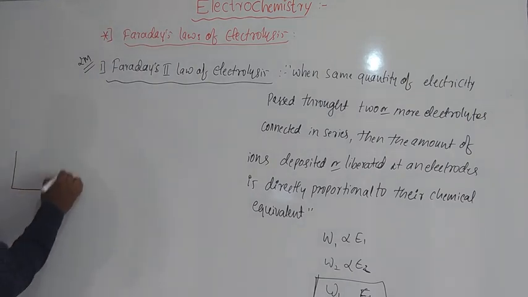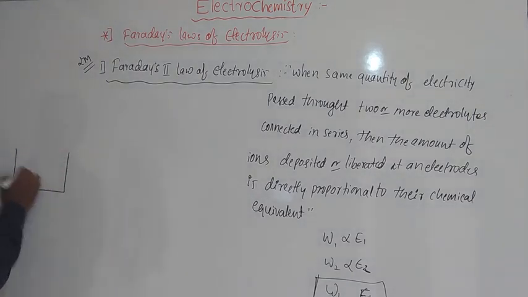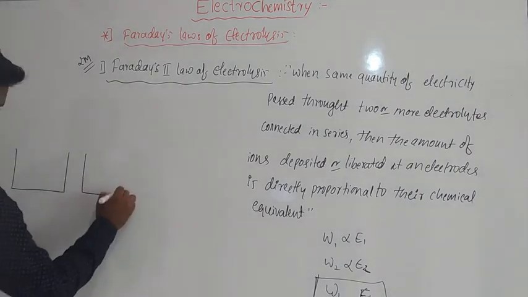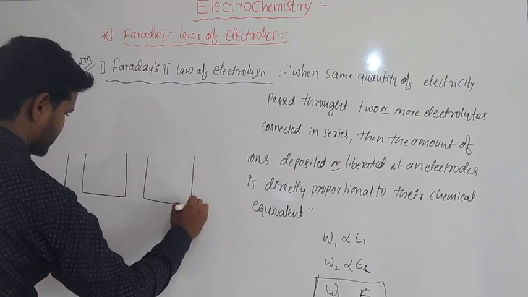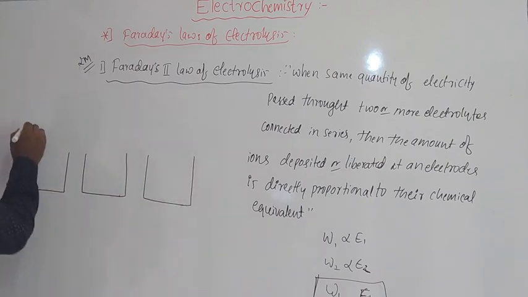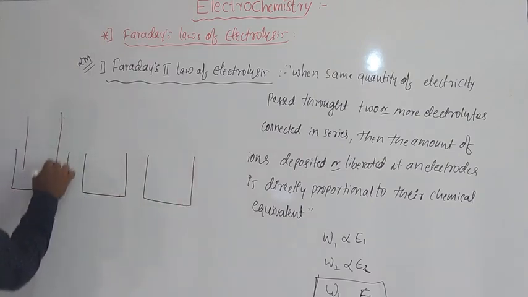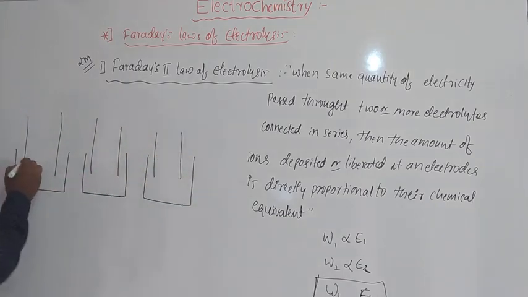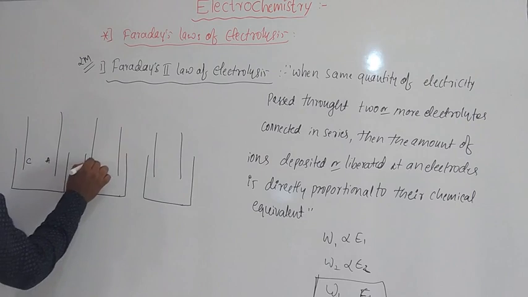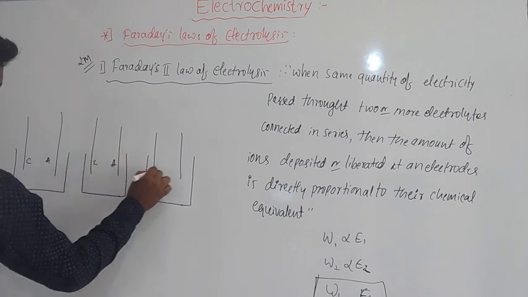So just consider this is one half cell reaction and another half cell reaction connected in series. Here cathode, anode, cathode, anode, and so on.